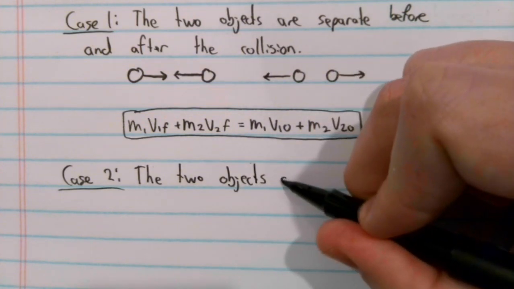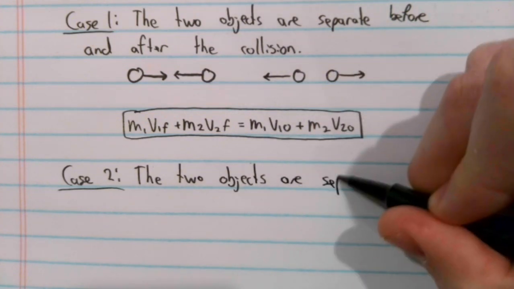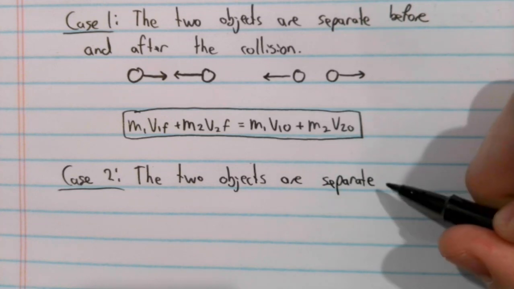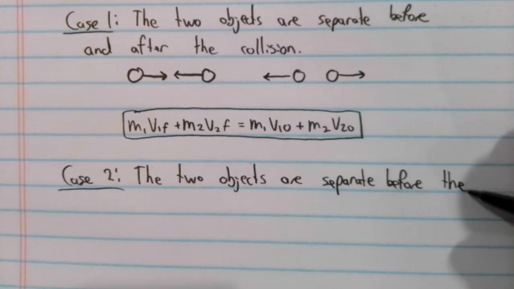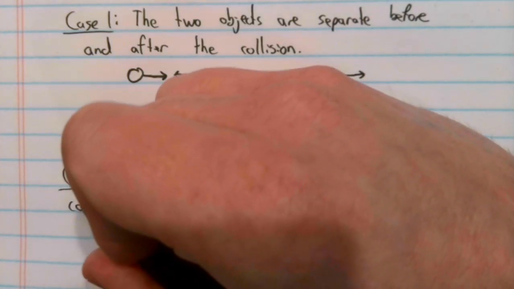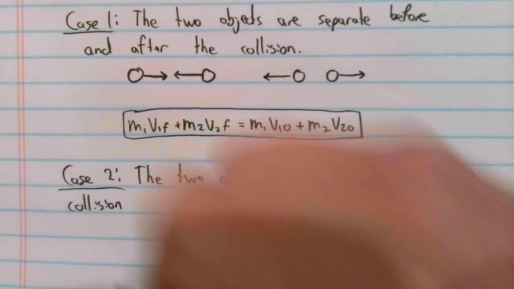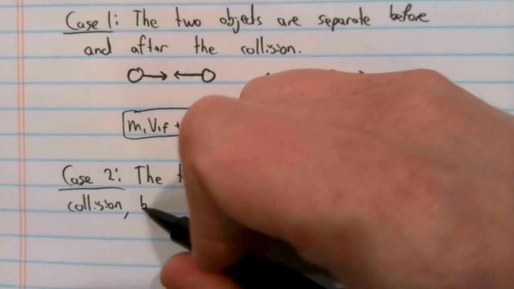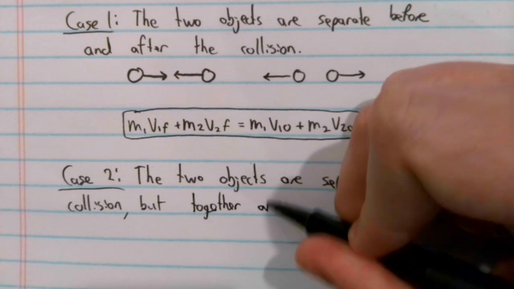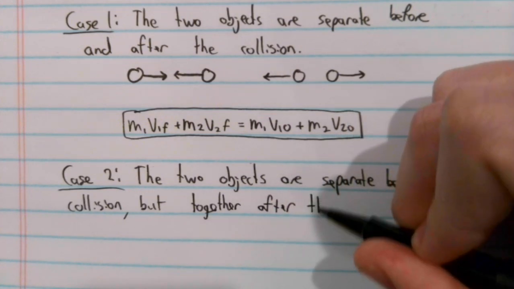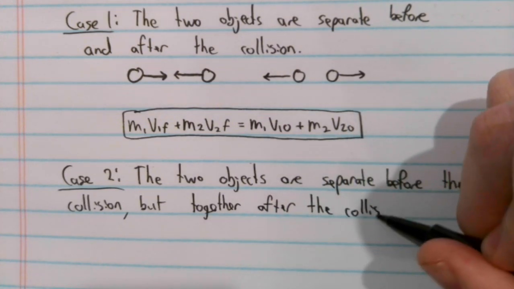The 2 objects are separate before the collision, but together after the collision.